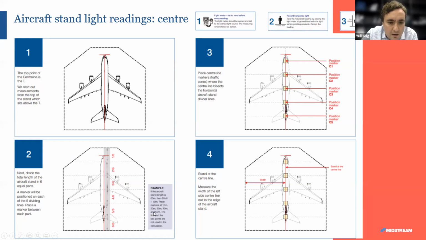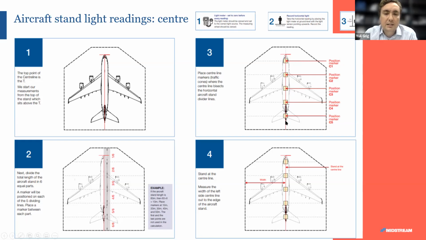In the example here, if the aircraft length is 60 meters, then we divide it by 6, and therefore we get 10 meters. So a marker will be placed on 10, 20, 30, 40, and 50. The first and the last points are not used in the calculation. This is important: the top point and the last point are not used.